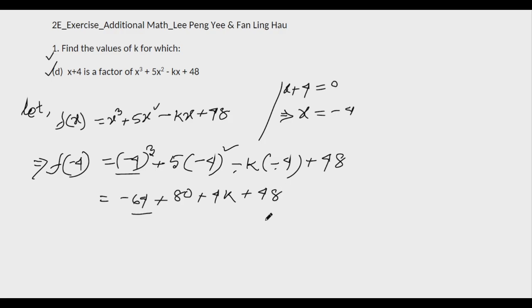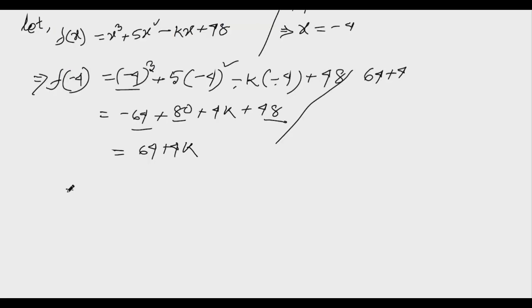So if we calculate this value, we get 64 plus 4k. As we know, f of minus 4 is equal to 0. So then we can write 64 plus 4k is equal to 0.